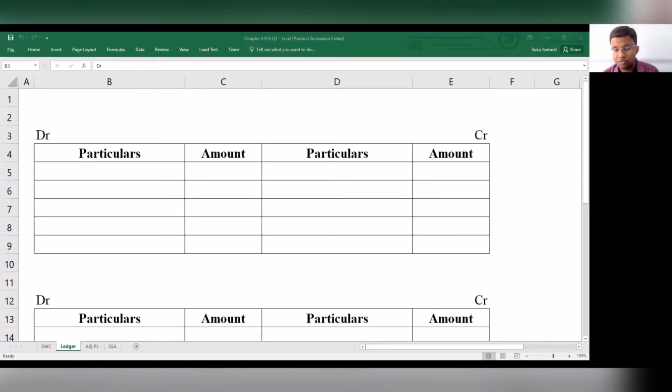Here we are focusing on the preparation of the ledgers. Why are we preparing ledgers? We are preparing ledgers because there are some changes taking place in the items for which we don't understand the reason, or we are trying to carry out an investigation to evaluate why those changes are taking place.